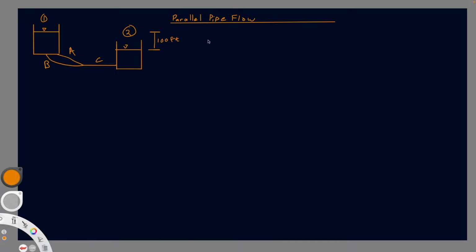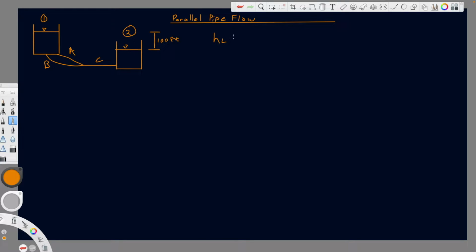If you're not sure how to apply the energy equation between two reservoirs, that's our very first video in the series, I believe. Because these reservoirs cancel out the rest of the energy equation, we know that the total head loss of the system is equal to the change in elevation between the two surfaces, so Z1 minus Z2, which we are given as 100 feet.